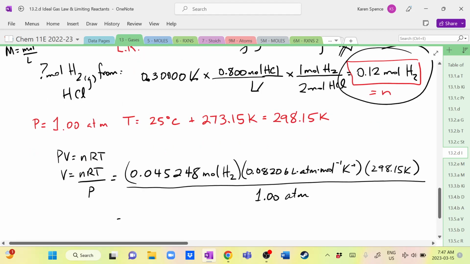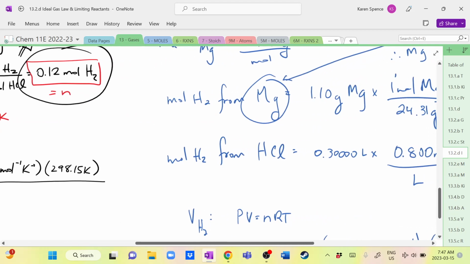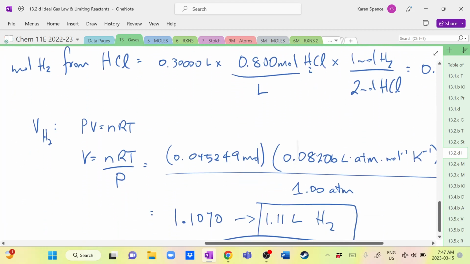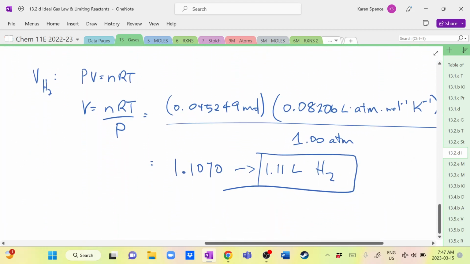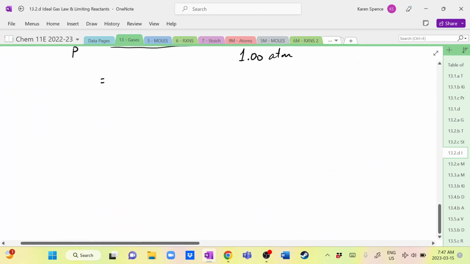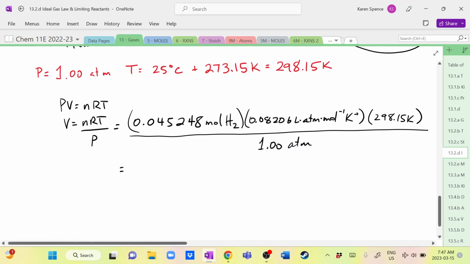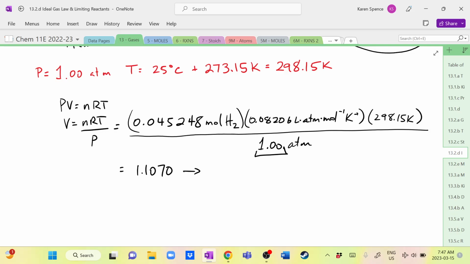And we get 1.1070, which will round to 3 sig figs. There we go: 1.11 liters of H2.